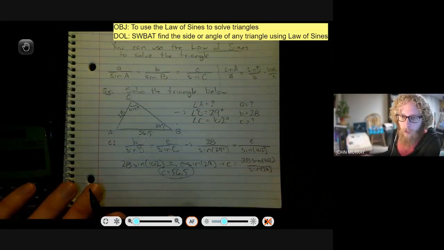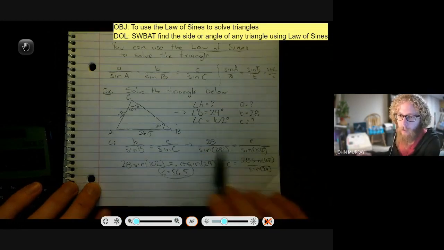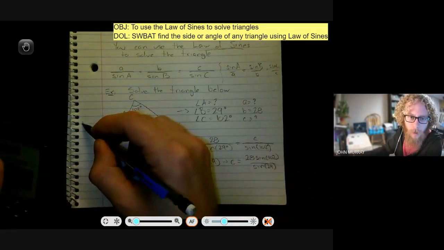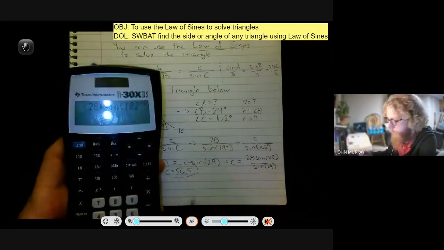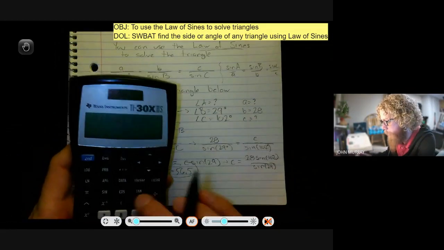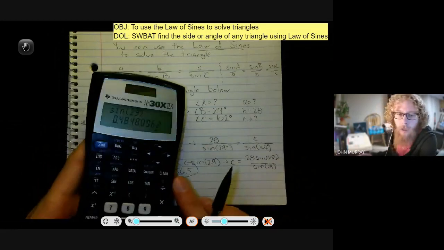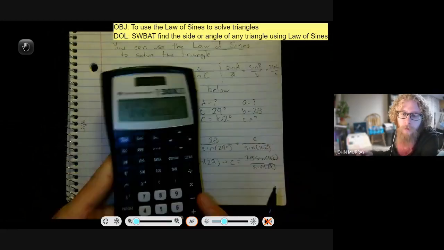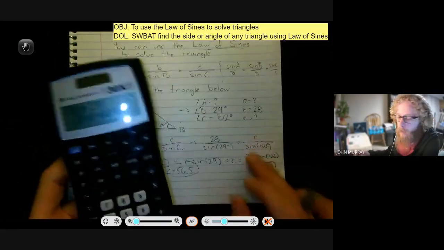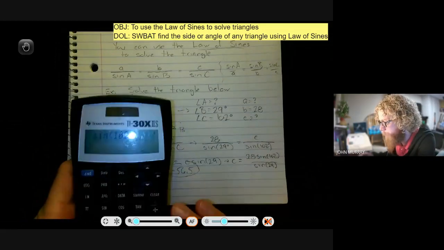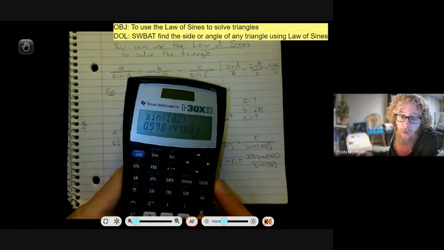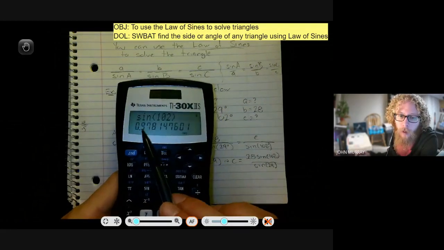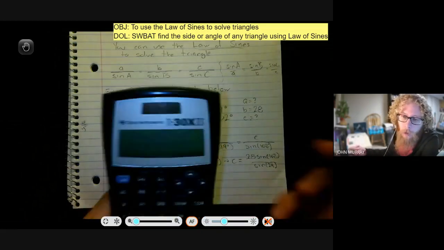So let's take a quick look before we continue at what happens if I rounded these. I'll do it over here in the margin, really tiny. Say the sine of 29, I just said that this was 0.5. So I put 0.5 here. And then the sine of 102 almost looks like a 1. If I rounded to 1 decimal place, I'd have to bump that up to a 1.